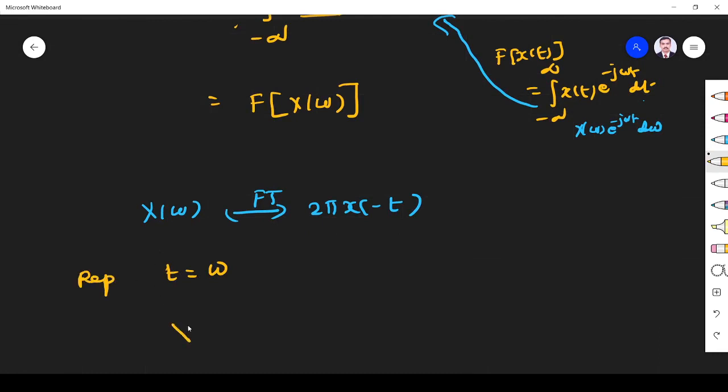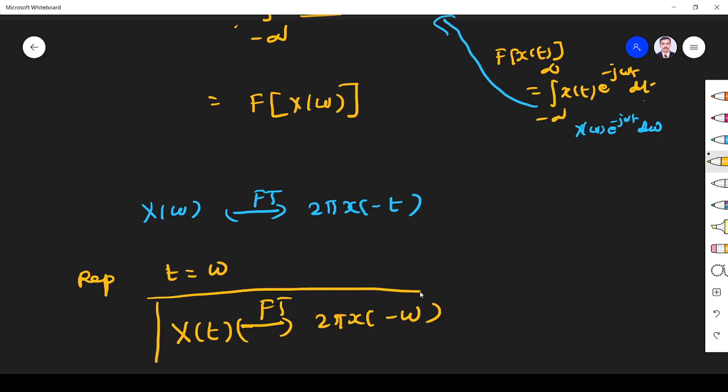Wherever we find t, replace it with omega. So X of t has a Fourier transform of 2 pi into x of minus omega. This is the proof.